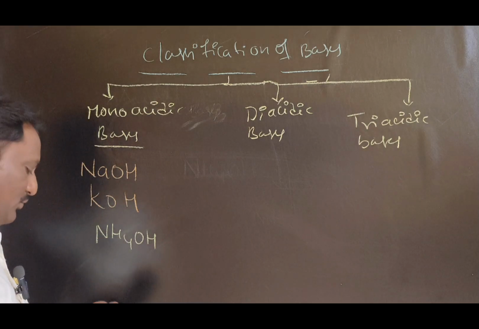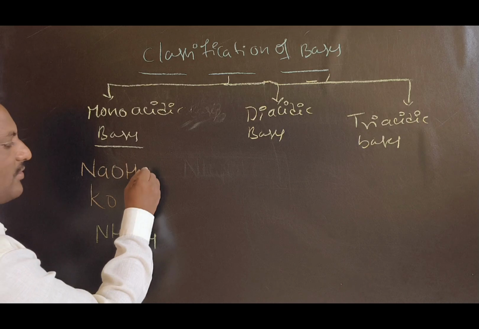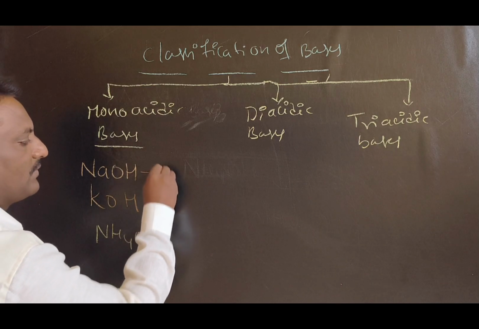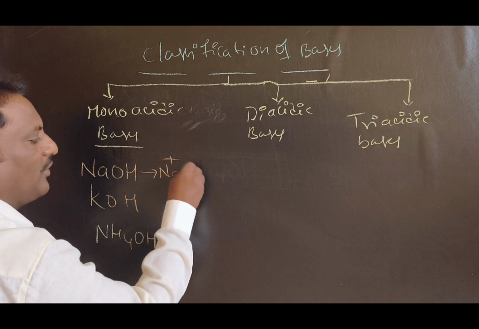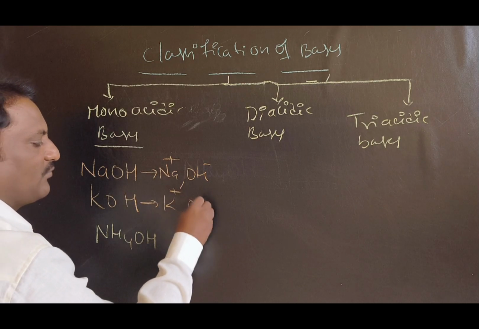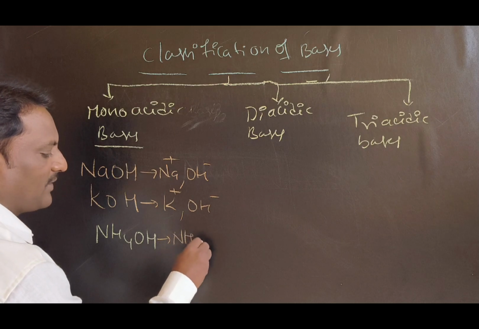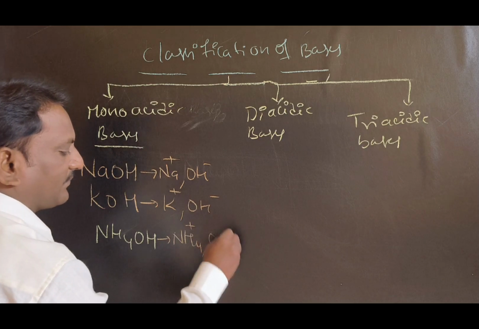Sodium hydroxide gives Na plus and OH minus ion. Potassium hydroxide splits up into K plus and OH minus ion. Ammonium hydroxide splits up into NH4 plus and OH minus ion.